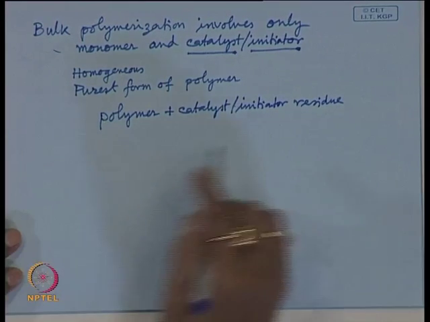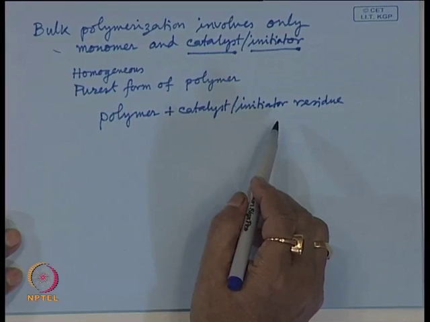In case of addition chain polymer, there may not be any initiator residue in bulk polymerization, because if all the initiator molecules decompose, that will add to the polymer chain. And if we can allow sufficient time and condition, then the entire monomer can be converted to polymer.